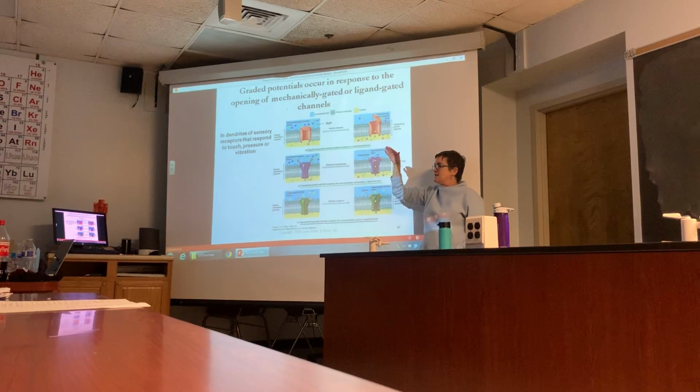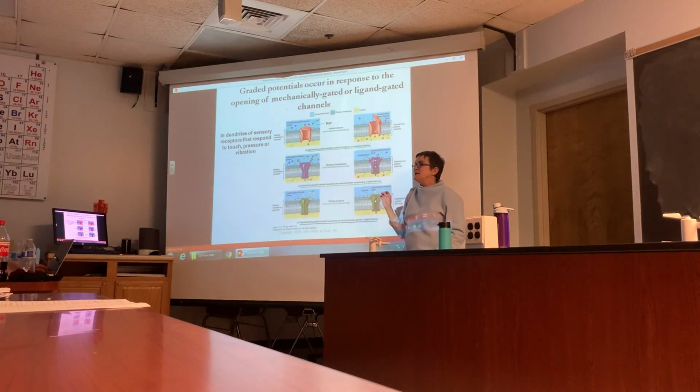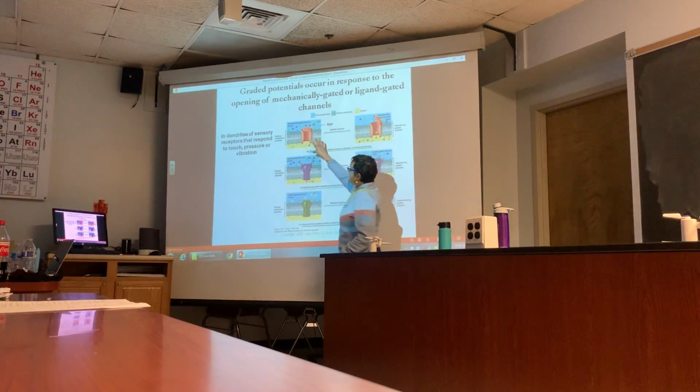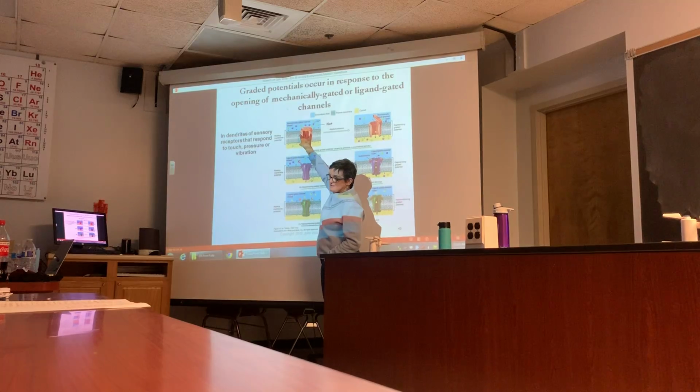That's going to depolarize the membrane, it's going to generate either a receptor potential in a receptor cell, if it's a Merkel cell, or a generator potential in the dendrite of the sensory neuron, you know, that's where the sensory receptors are. So this is what does the reception right here. It's the stimulation of these mechanically gated channels.